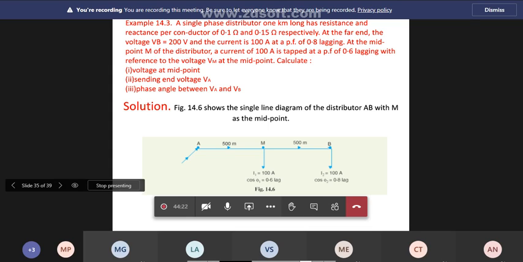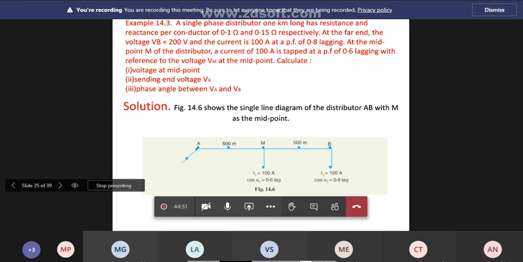So this problem goes to the second one, that is power factor referred to respective load voltages. A single phase distributor 1 kilometer long has a resistance and reactance per conductor of 0.1 ohm and 0.15 ohm respectively. At the far end, the voltage VB is 200 as usual.